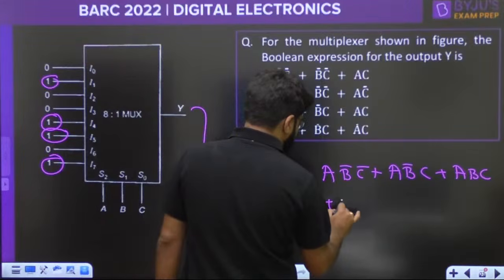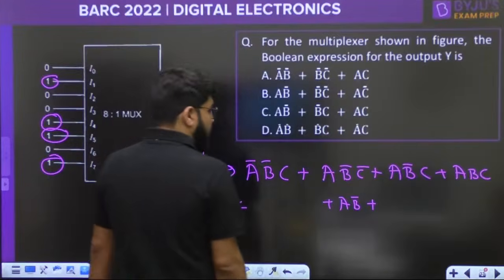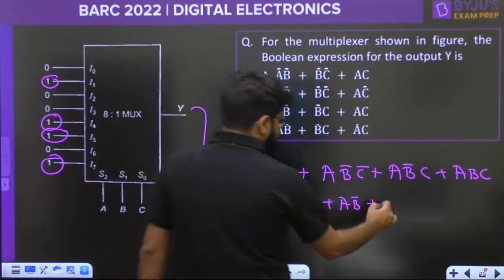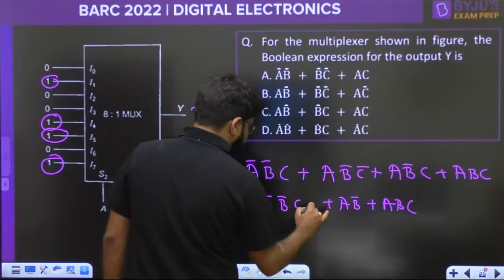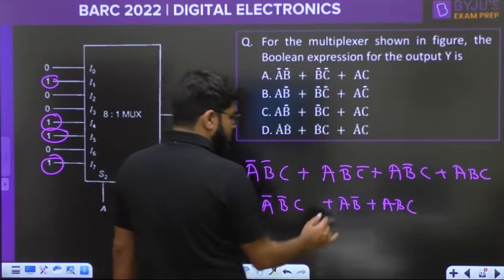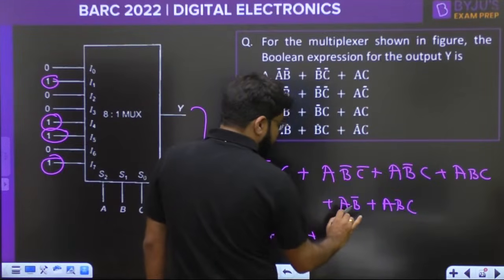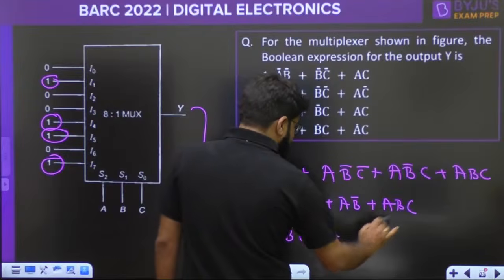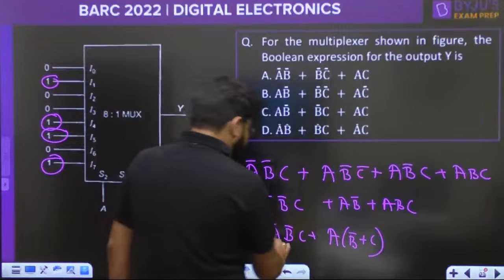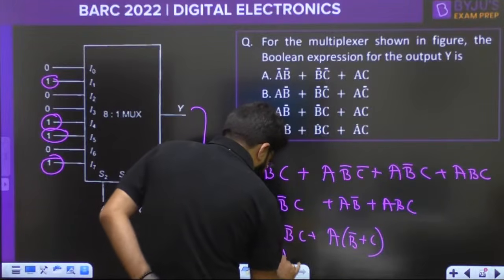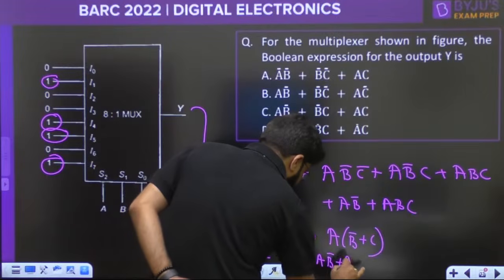This is A B bar, C bar plus C is 1, and C commonly, so this is A B C and this is A bar B bar C. Now this is further equal to, if I take A common, A bar B bar C plus A times B bar plus B C, which becomes B bar plus C.